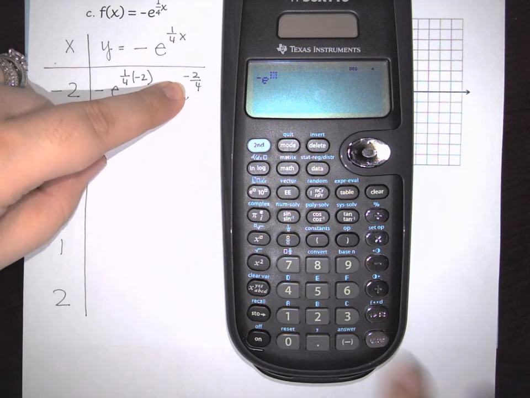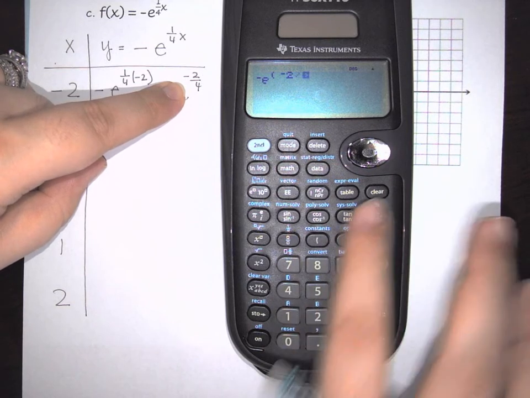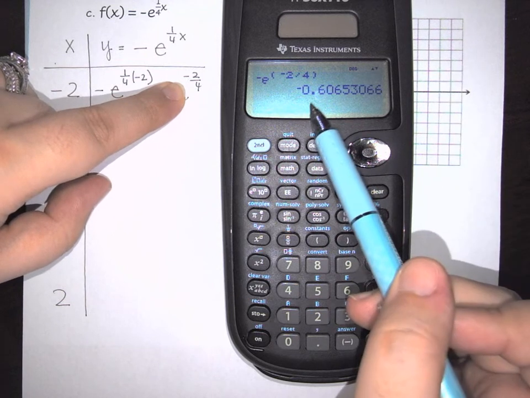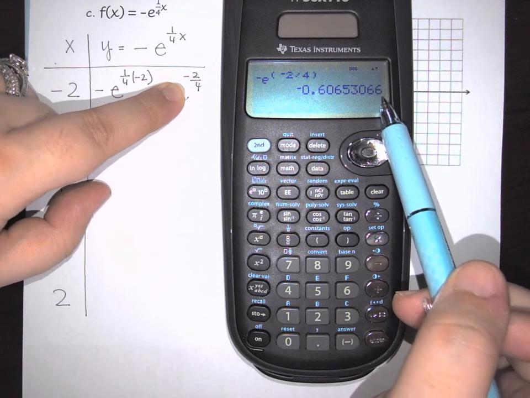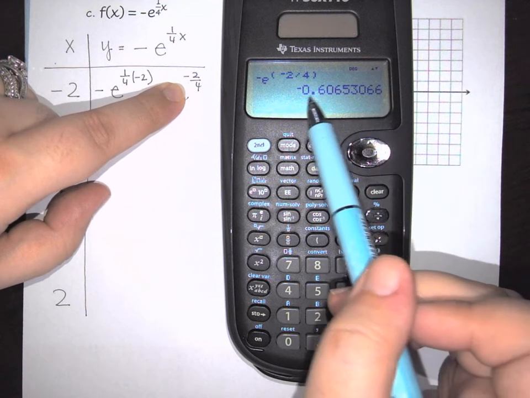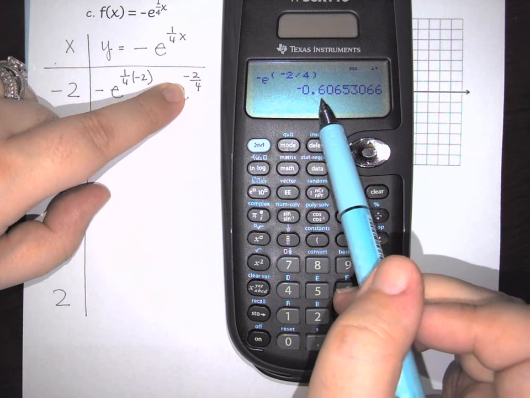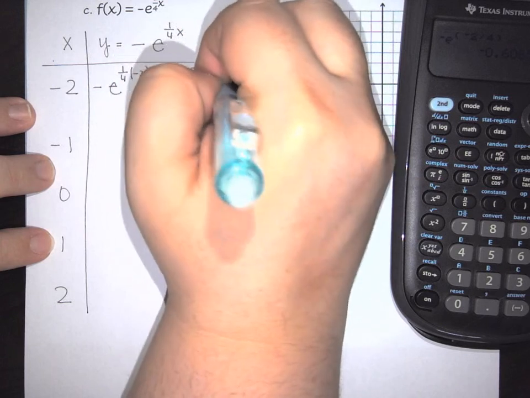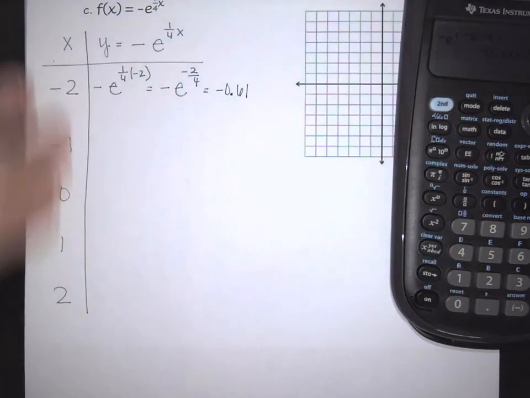And then I have parenthesis -2 divided by 4, close it, and hit enter. And so this here would be the decimal you get, and now you're going to want to just use the hundredths. And so here my result would be -0.61 because we'd round. Now we're going to do that for all the rest.